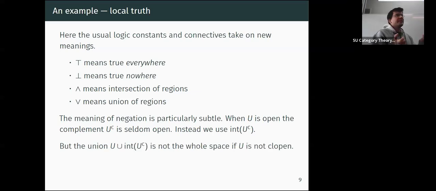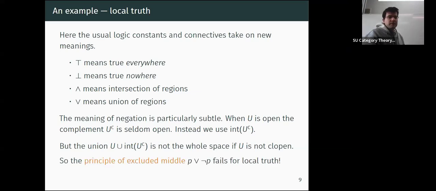But if you have an open set that is not clopen, then this interior of the complement is going to make it smaller, right? It's going to be less than the full complement. So when you take U union the interior of the complement, this won't be the entire space. So this won't be true. It won't be the thing that's true everywhere. It'll only be true in some kind of dense subset of the entire space.